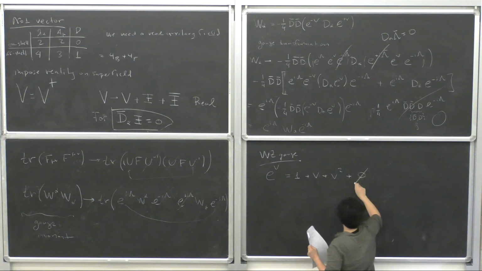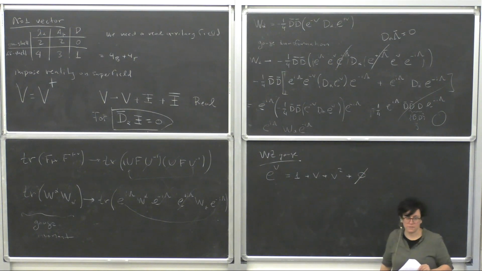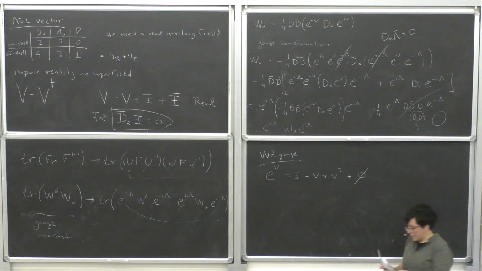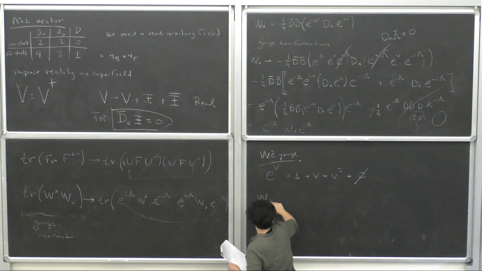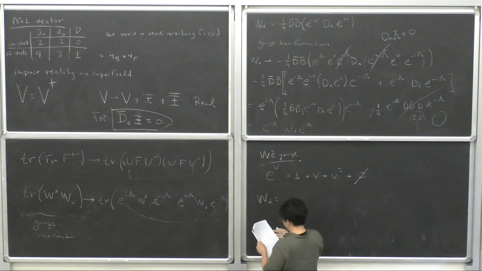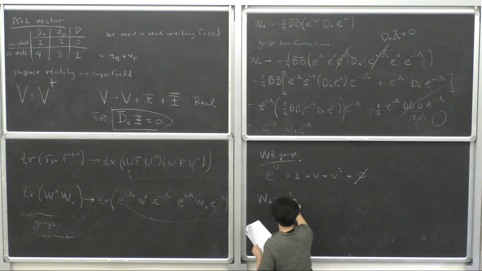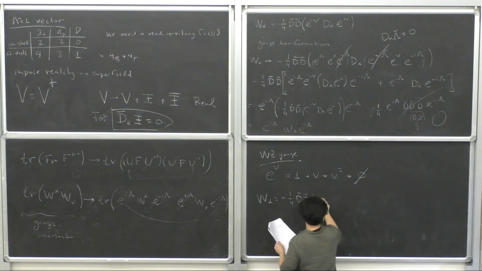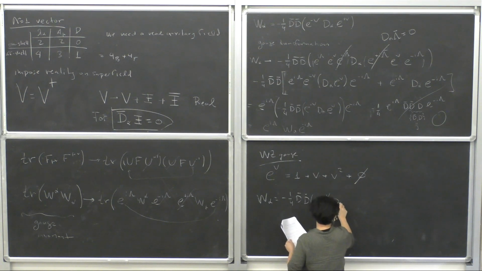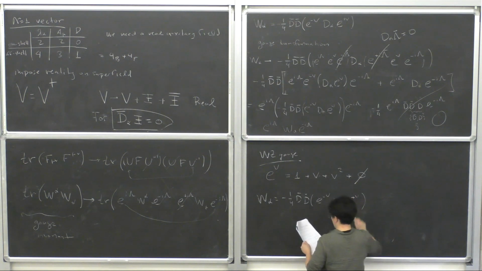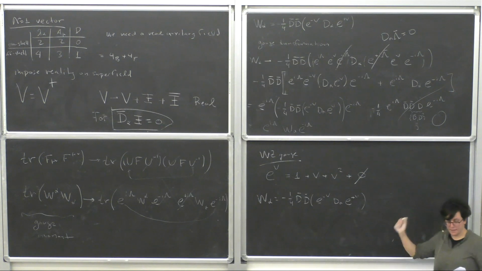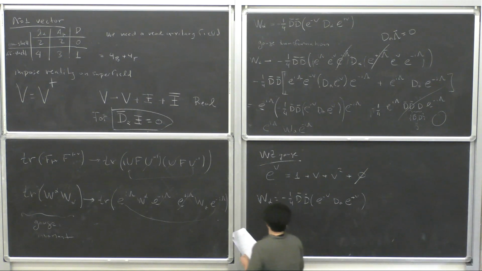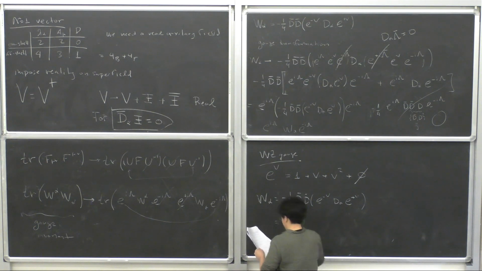I write here 0 because we are in the Wess-Zumino gauge, yes? Okay, let's calculate. What is this W alpha now here? So I take and I expand. I skip one step because you are amazing and you can do high school algebra.